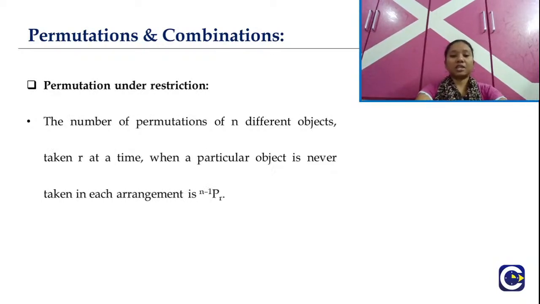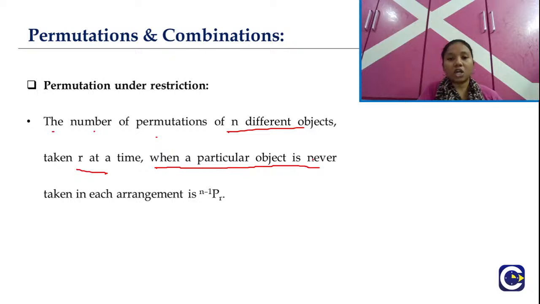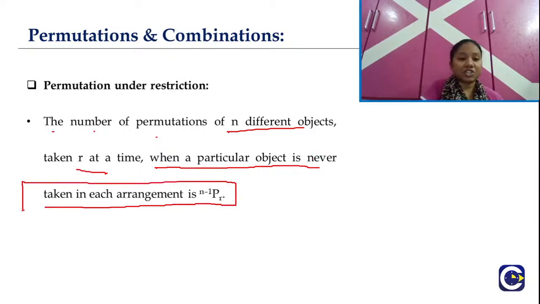So here comes the next one. The next restriction here is the number of permutations of n different objects taken r at a time. Let's see the restriction here: when a particular object is never taken in each arrangement.